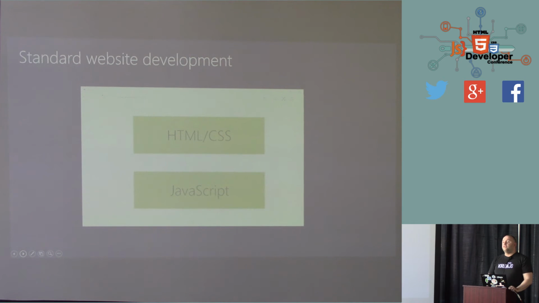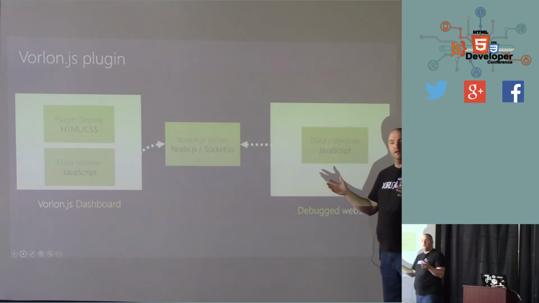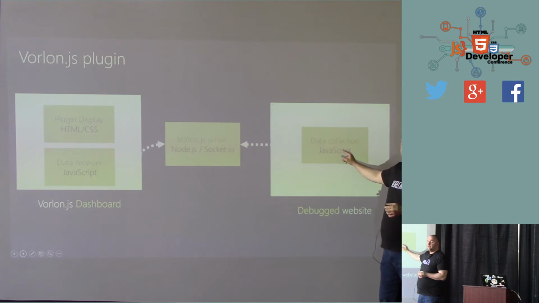When you think about a standard JavaScript development, your JavaScript will reach the local page, and the local page will be used by the local JavaScript. Fair. For Vorlon.js, we have to think about a two-headed project. The first one is your client, where Vorlon.js will run, and it will be used to capture information.